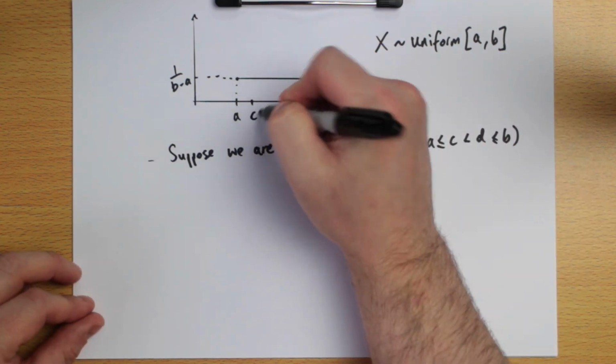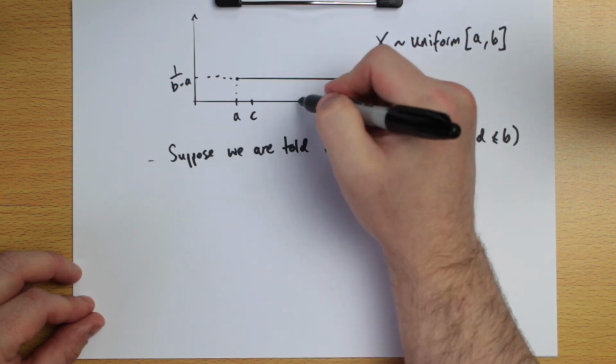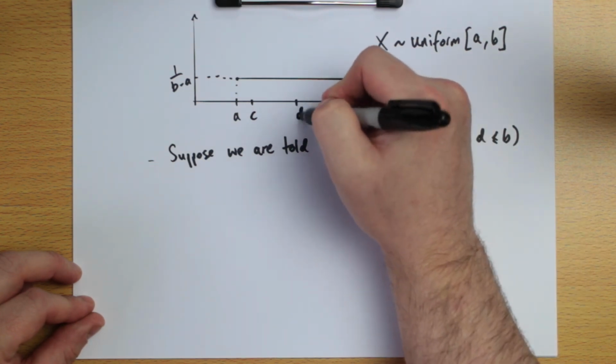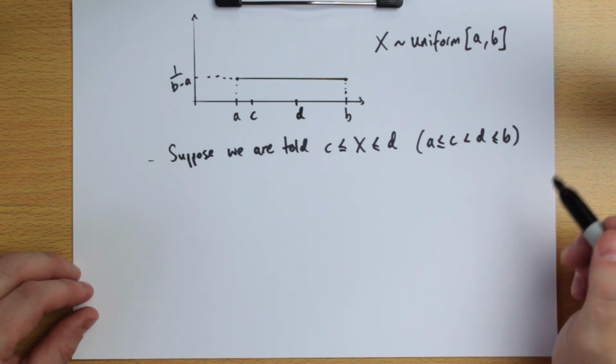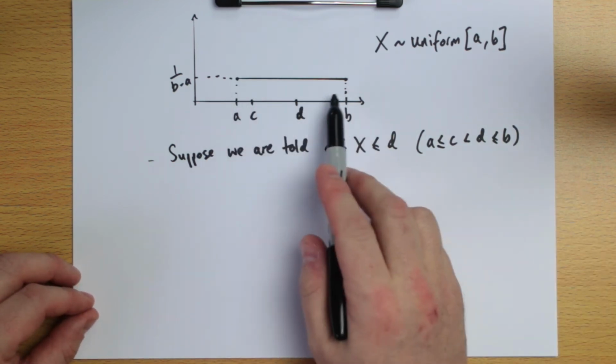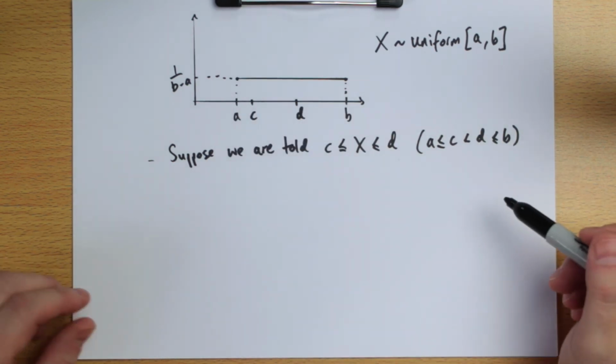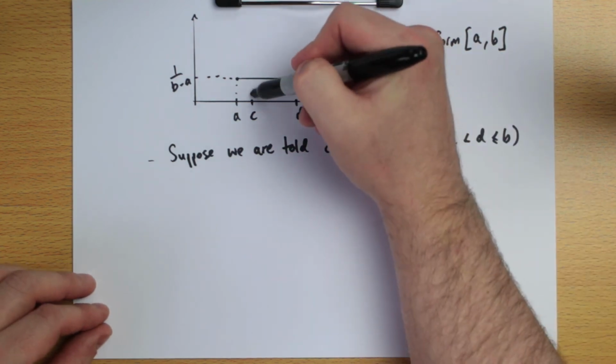So how do we handle that? Well, essentially we find the c here, and let's say d is here. Now this is no longer the density function. We need to update, but we know it's a uniform random variable.